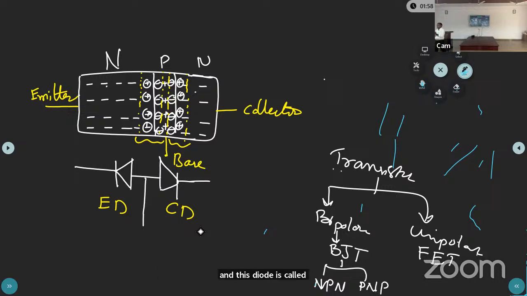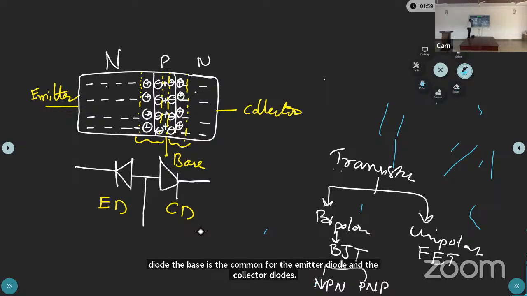The junction between emitter and base is one PN junction, and we call that PN junction the emitter diode. Next, the junction between the collector and base is another diode, called the collector diode. The base is common for the emitter diode and collector diode.